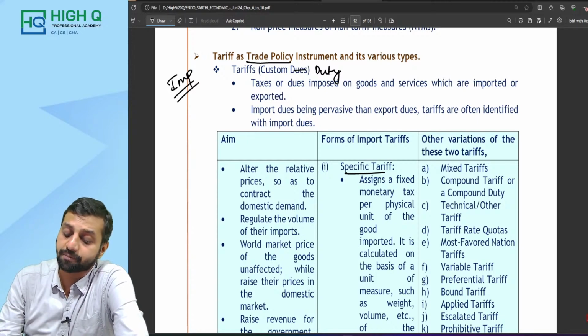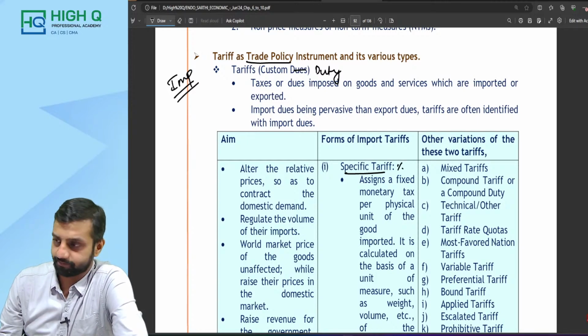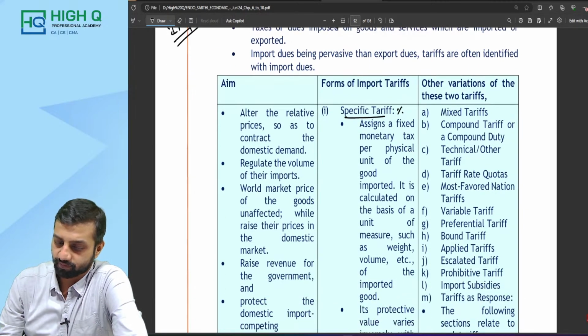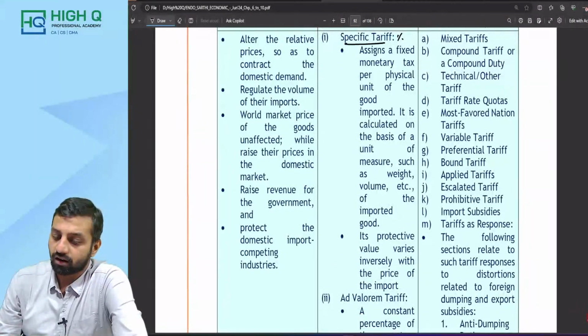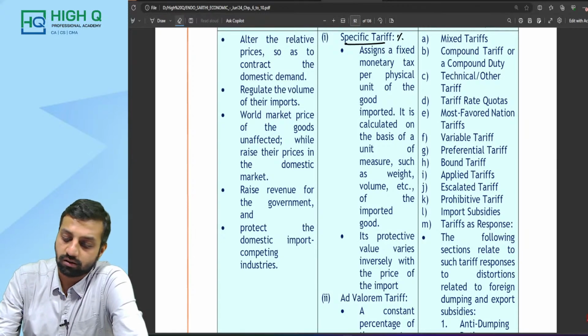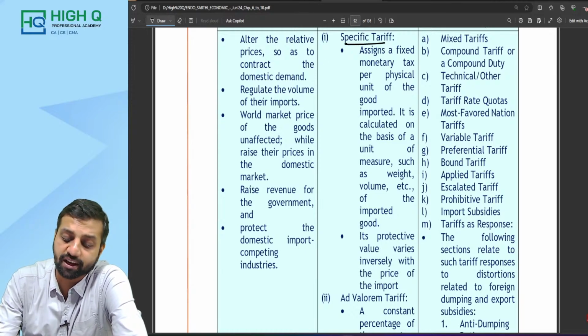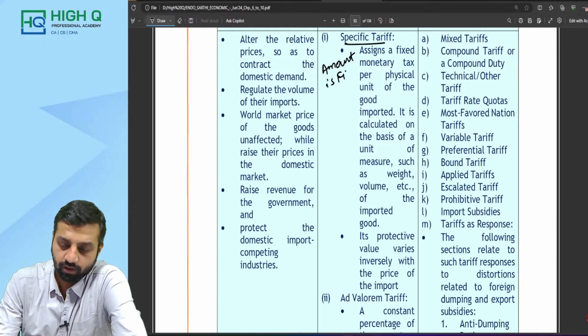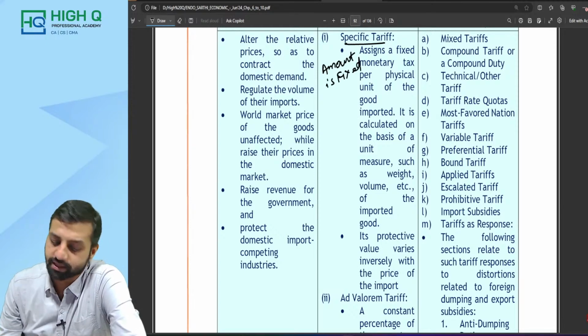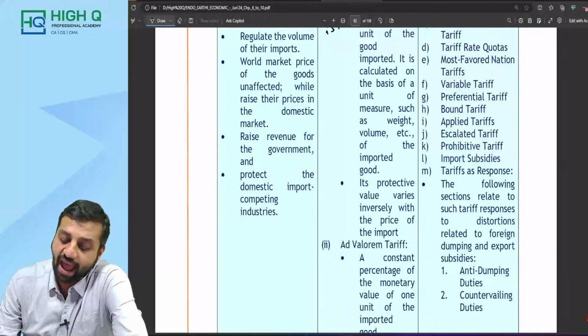Under specific, amount is fixed, per unit 1,000 rupees, whereas under ad valorem, percentage is fixed.